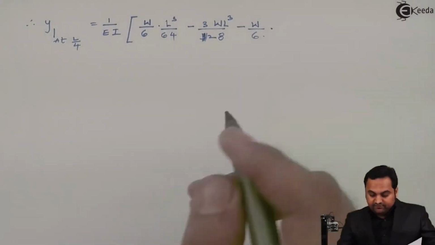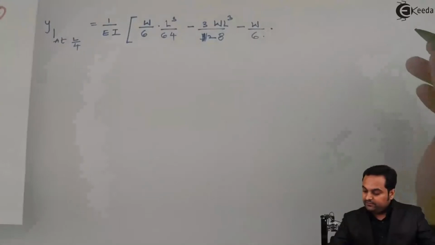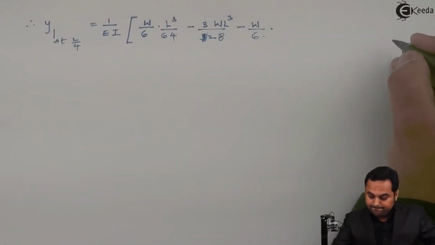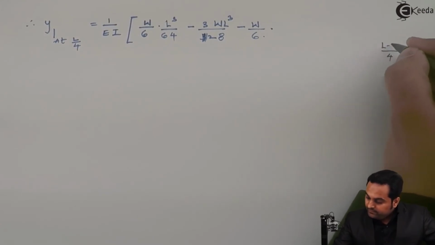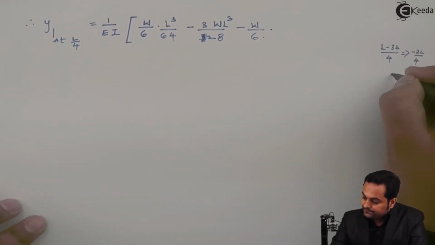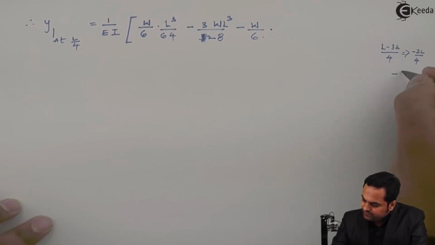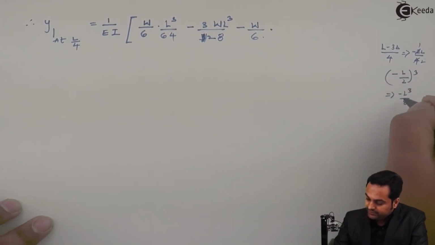So here we have this as 4L. If I simplify this, the denominator is 4, so L minus 3L, that will be minus 2L by 4, so that becomes minus L by 2, and we are having the cube of this term, so that becomes minus L cube upon 8.